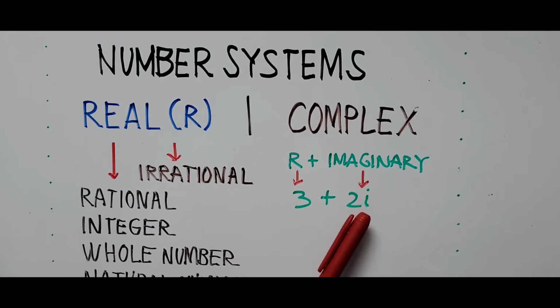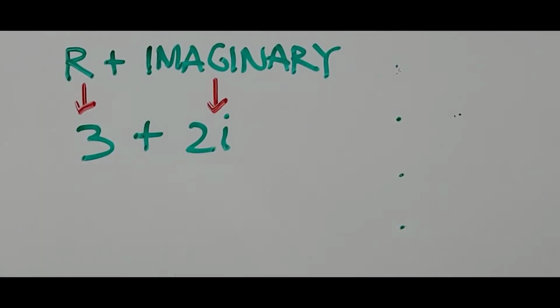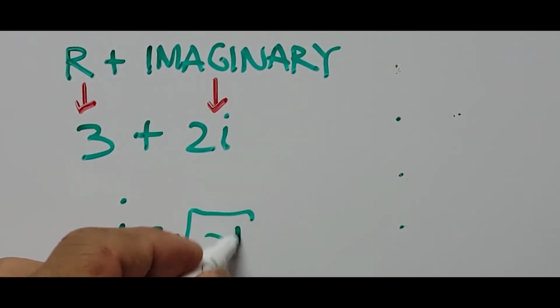That's an imaginary. If we combine these two, it is called complex numbers. A combination of real numbers and imaginary. And the value of i, the imaginary number i, is square root of -1.